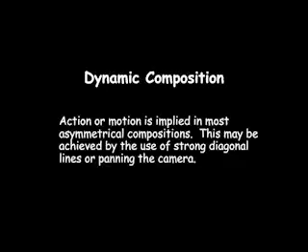Action or motion can be another way that we achieve dynamic composition. This is where you can do some panning of the camera. Maybe they're not running straight across. Maybe they're running at an angle towards the camera, away from the camera. Right? But getting some motion involved in the image begins to make it a little bit more dramatic.